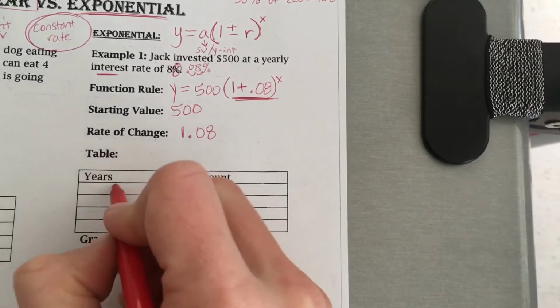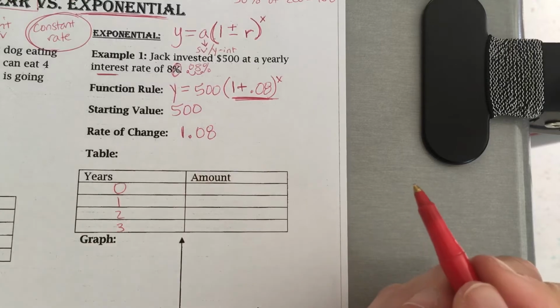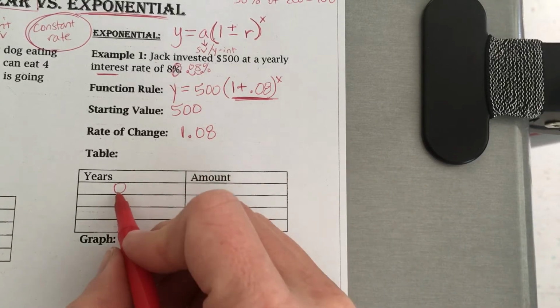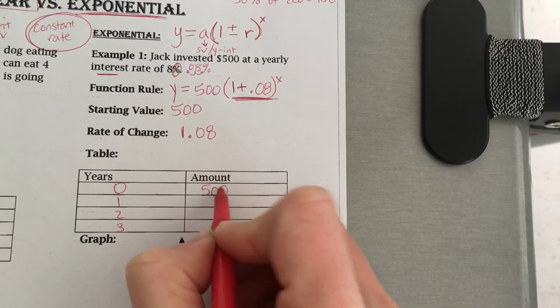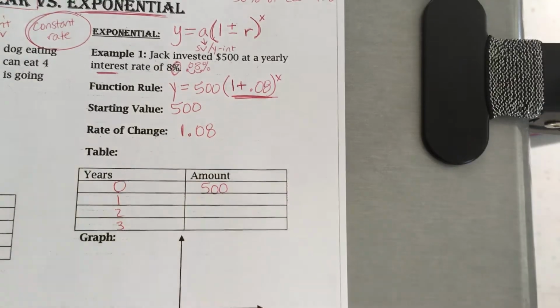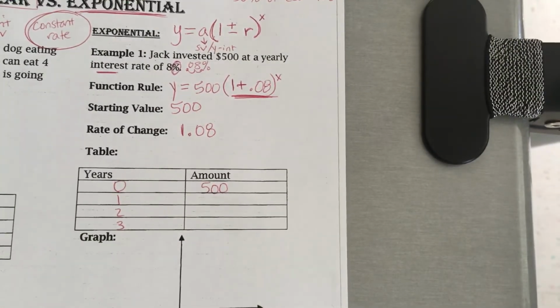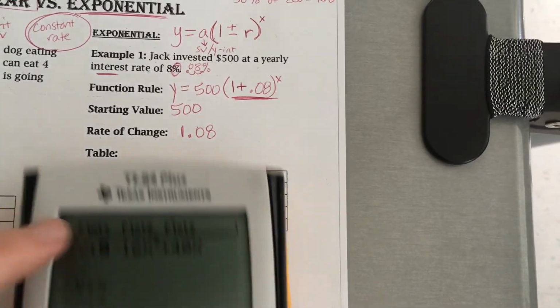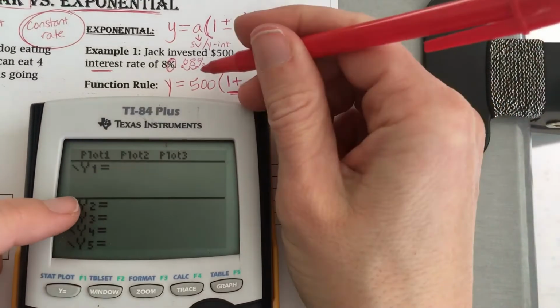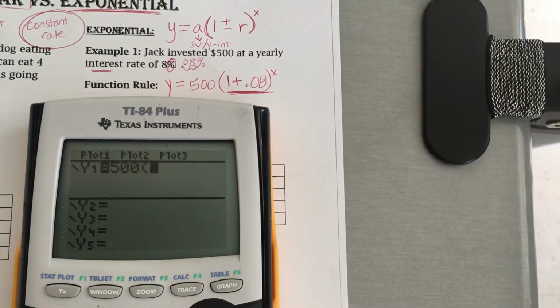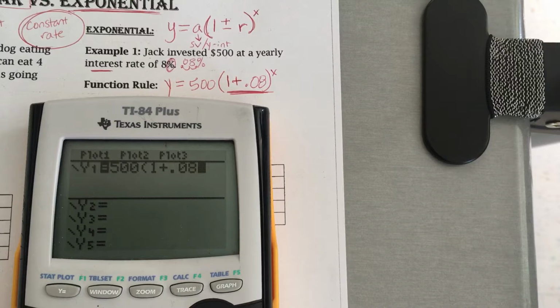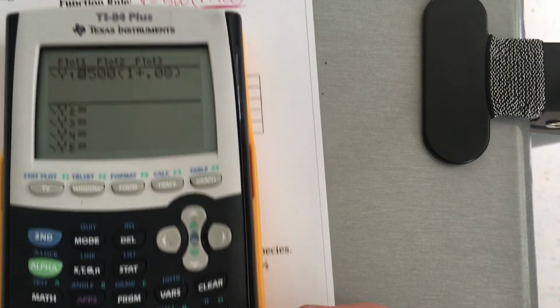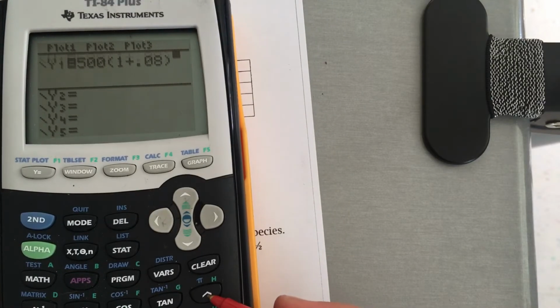All right, for our table, we'll do 0, 1, 2, 3 again. And for 0, it started at 500. To get these amounts, you're going to need to use your calculator. So go ahead and get your calculator out, pause the video. And you're going to go to your y equals, and you're going to type in the rule we made, 500, 1 plus 0.08. And then you're going to use this key right here to do the exponent.